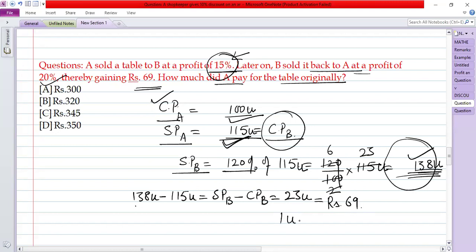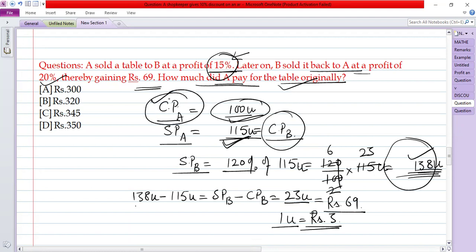So what will be one unit? 23 units is rupees 69, means one unit is rupees 3. Now the original cost price for A was 100 units. So it will be 100 into 3, that will be rupees 300.